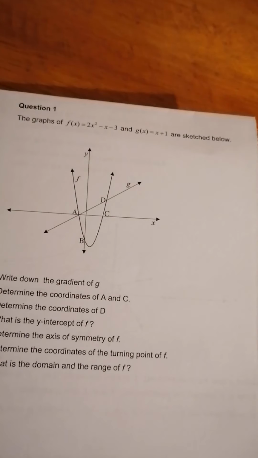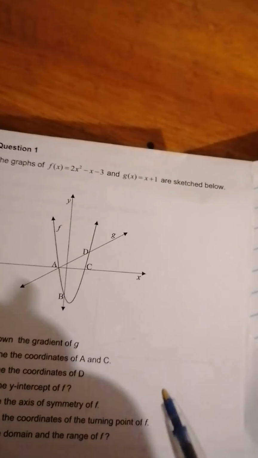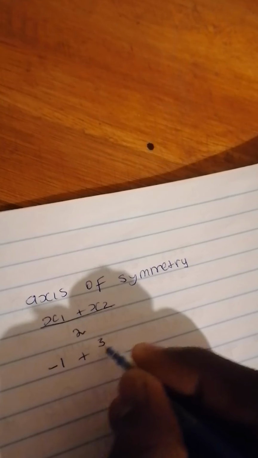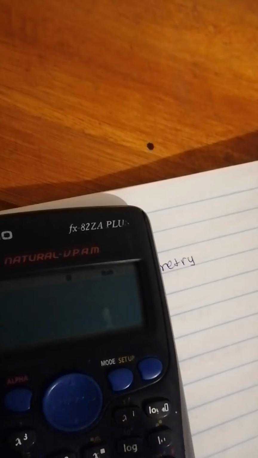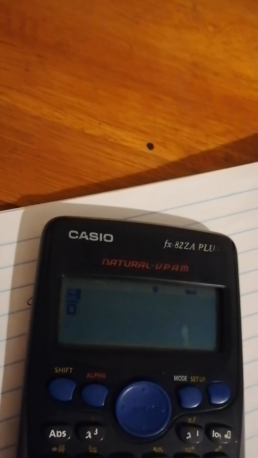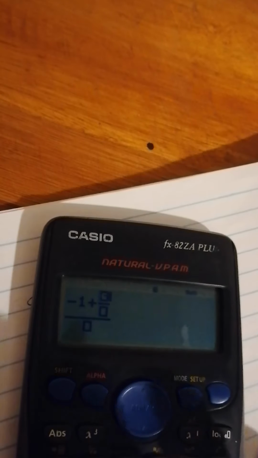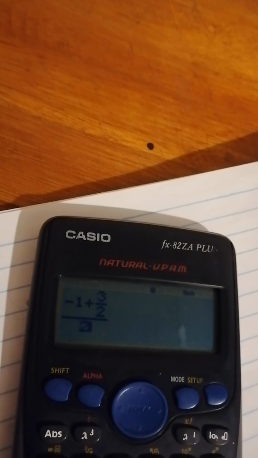Our first x-intercept is minus 1 and the second is 3 over 2. So minus 1 plus 3 over 2, divided by 2, is 1 over 4.